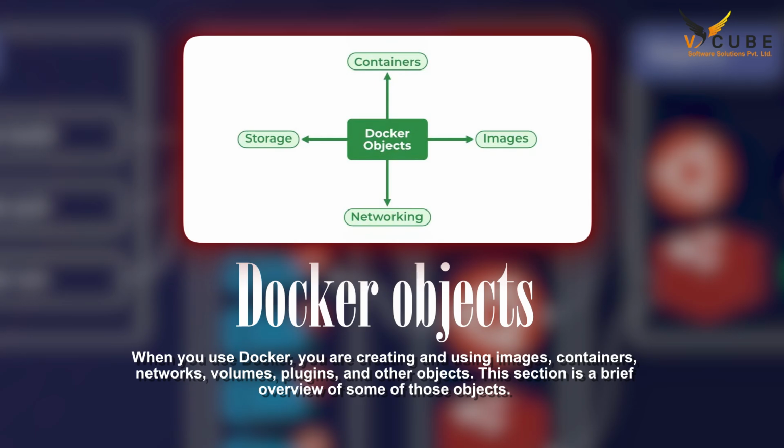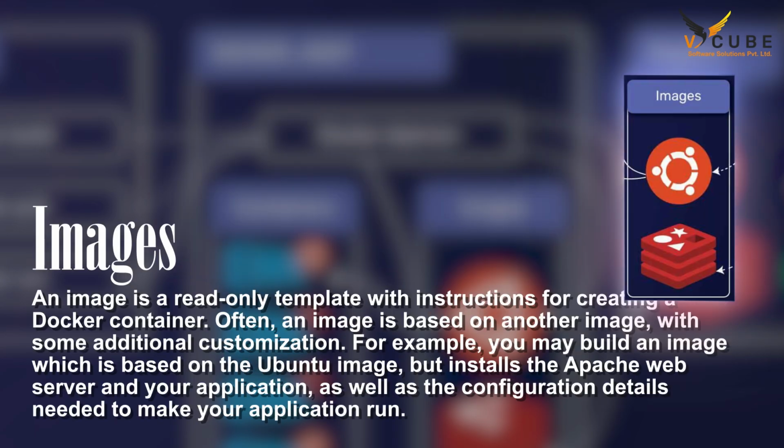Next, Docker objects. When you use Docker, you are creating and using images, containers, networks, volumes, plugins, and other objects. This section is a brief overview of some of those objects. Next, images. An image is a read-only template with instructions for creating a Docker container.